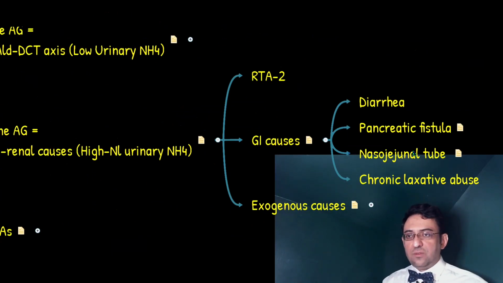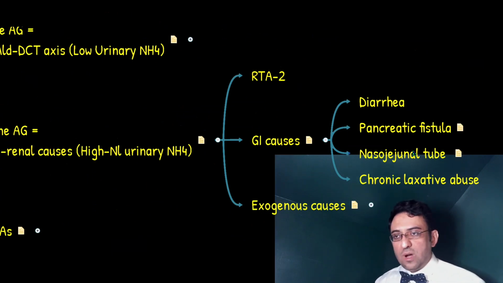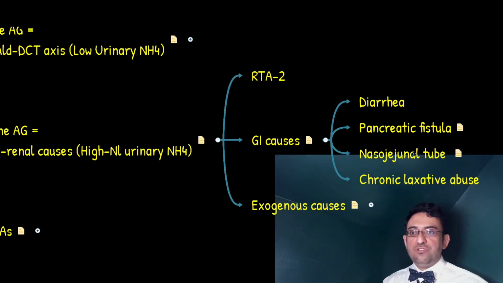Next question: why will patients with a nasojejunal tube have acidosis, and what is the type of their acidosis? Again, a nasojejunal tube suctions fluid from the jejunum, and that means loss of bicarbonate, similar to what happens in diarrhea.